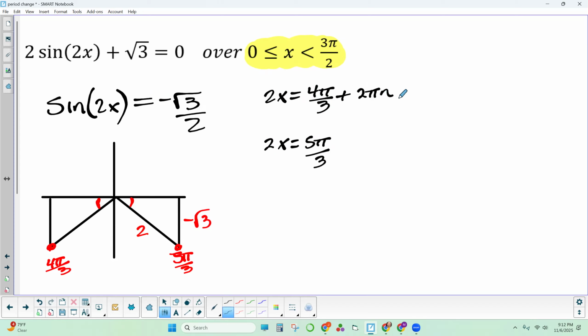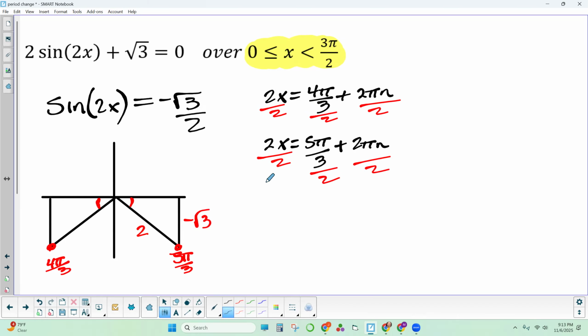N represents any integer, so I could add 2 pi or subtract 2 pi infinitely with integers. I'm going to do the same right here. I have not solved for x yet because I've solved for 2x. I've got to get rid of the 2, so everything is going to get divided by 2.